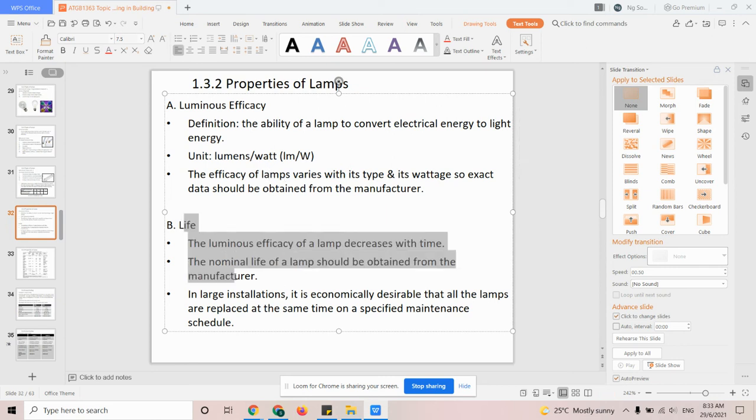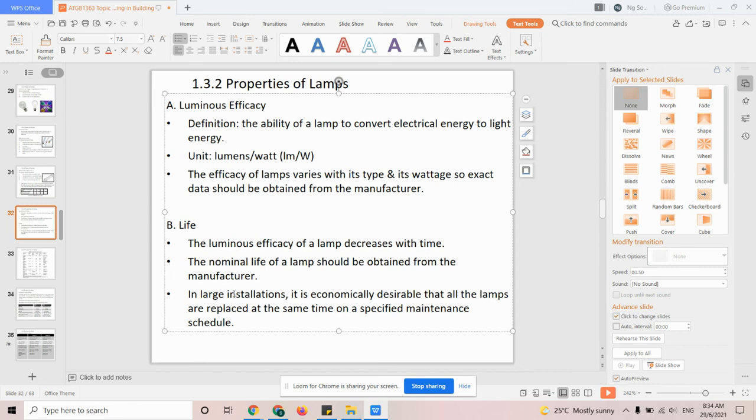And then next you have your life, so a lifespan, a life cycle. So how long electric appliances can work? Each of them, by right, the manufacturer will have to put in a lifespan. So this is to allow the consumer to factor in the costing of the lighting.